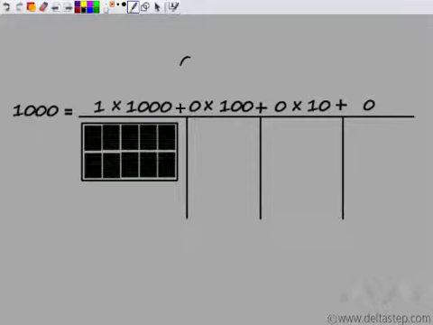So 9, 9, 9, 9 would be the largest 4-digit number, because the maximum that can come in each column is 9. So now if you add 1, another column would be added. So let's see how these columns are named.